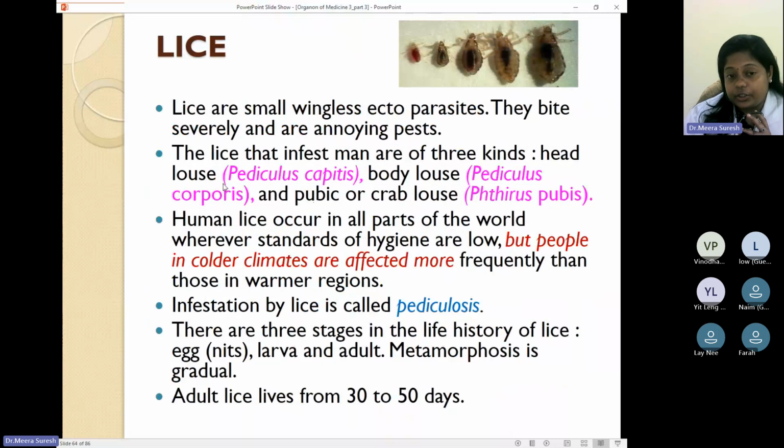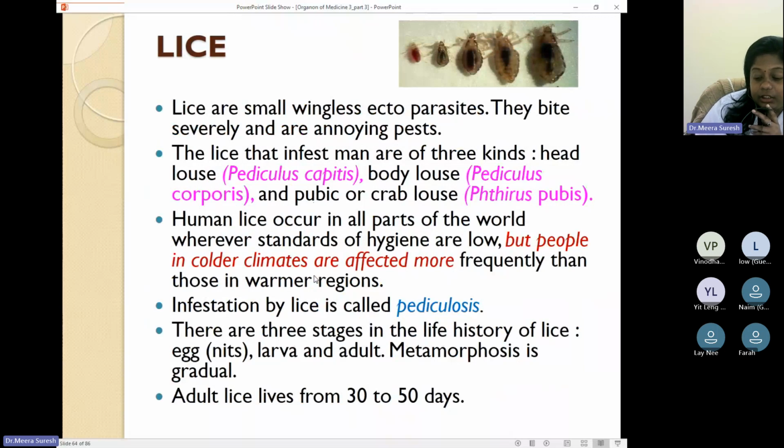And now, this you should remember for MCQ purposes, and it shouldn't be that difficult because you might already have learned the three different varieties when you learned practice of medicine. So human lice occur in all parts of the world wherever standards of hygiene are low.